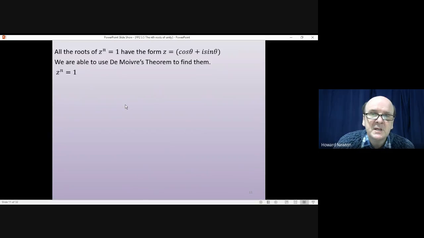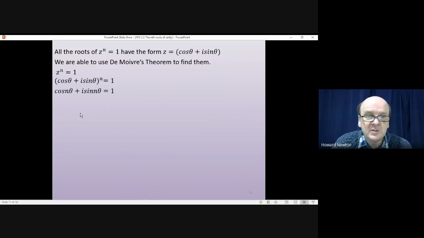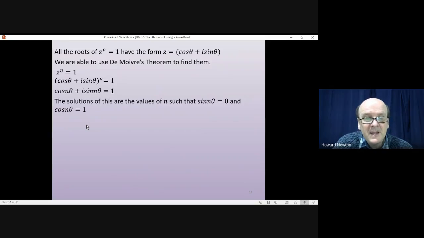And the way we do it is we say, well, z to the n equals 1. z equals cos theta plus i sine theta. So that means that (cos theta plus i sine theta) to the power of n equals 1. Using de Moivre's theorem, we'll get cos n theta plus i sine n theta is equal to 1. Now, the solutions of this equation are those values of n such that sine n theta equals 0 and cos n theta equals 1.